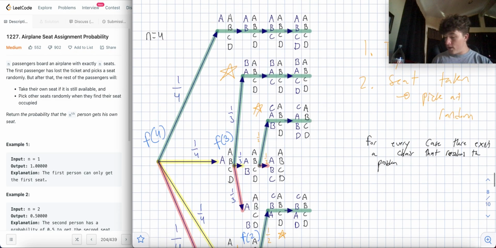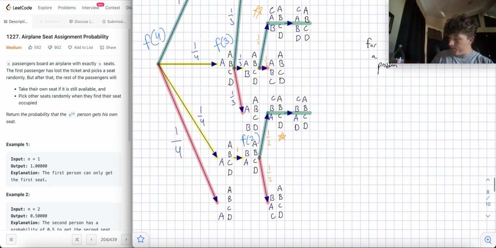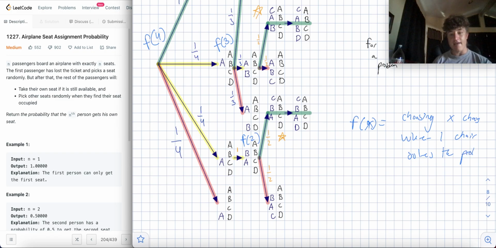So really, if we're thinking of this in terms of F of X, it is choosing X chairs where one chair solves the problem.